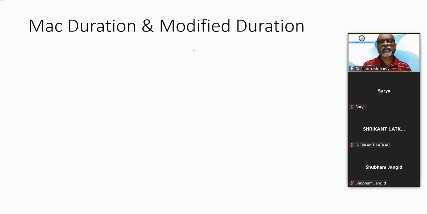Okay. So we can see now what is MAC duration and modified duration. What is their importance? Basically, when we are calculating this, you just focus on the investment portfolio. In the investment portfolio, normally we have a security called a bond. The variation or income of the bond, or the change in the price of the bond, is actually what matters to the bank.